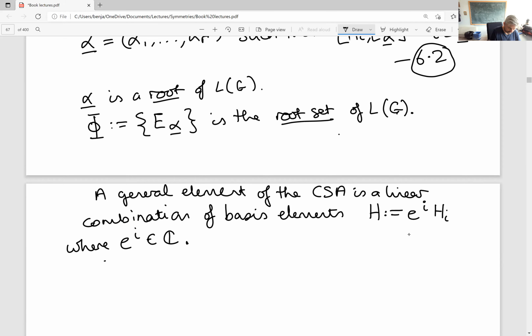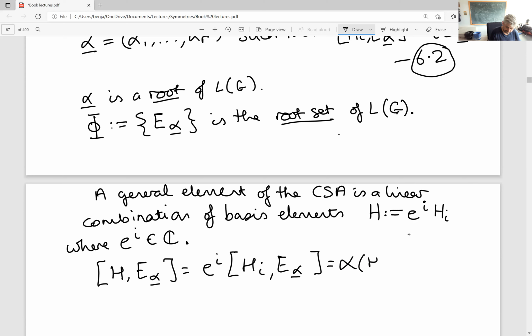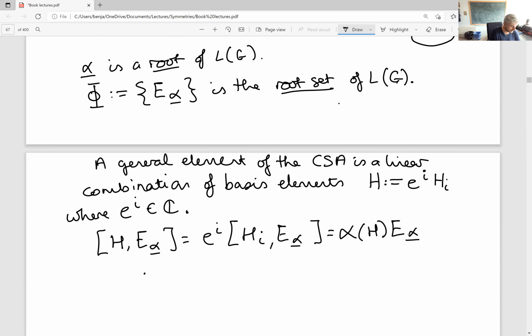If we now consider the Lie bracket between H and E^α, we just substitute in for H, and this is equal to [ε_i H^i, E^α], which is equal to some number which I'm going to call α(H) times E^α, where if you just look at the definitions, you'll see that we've defined this α(H) to be ε_i α^i.